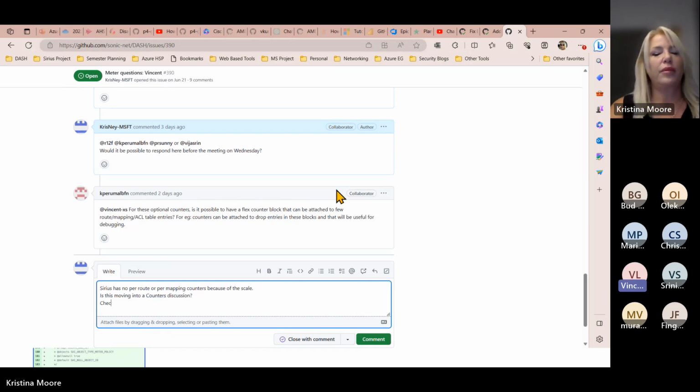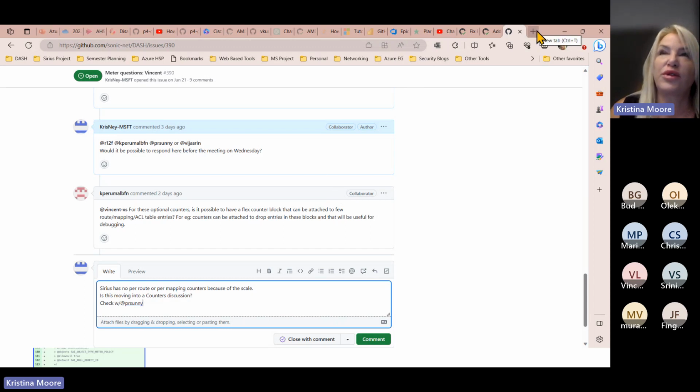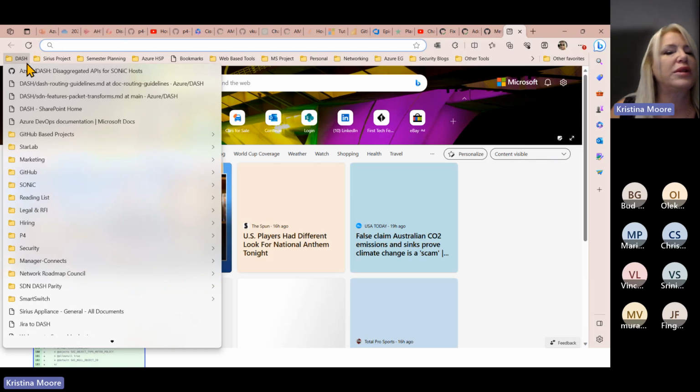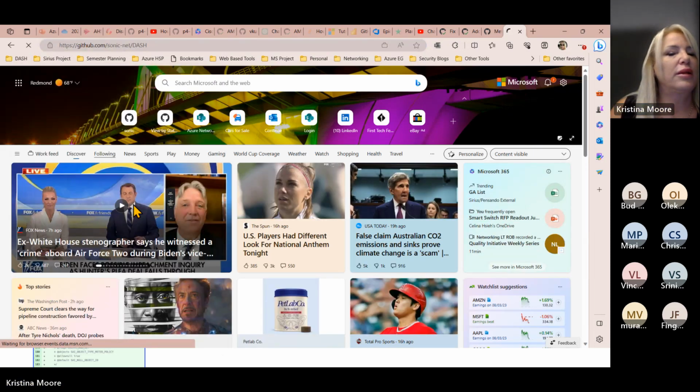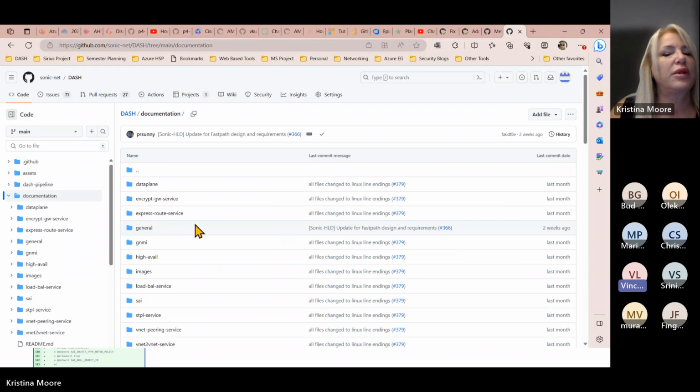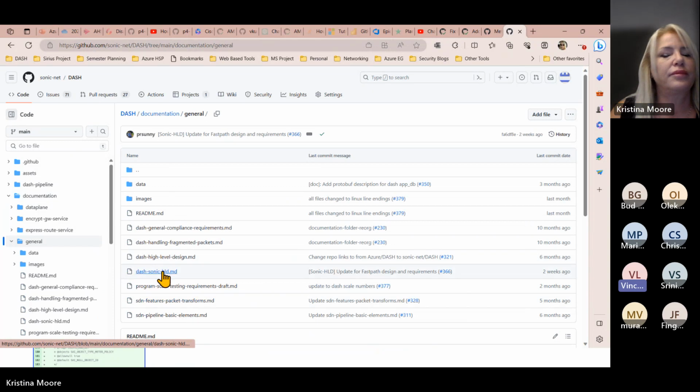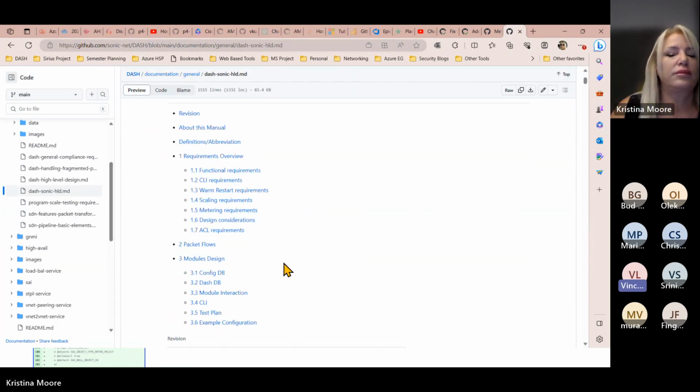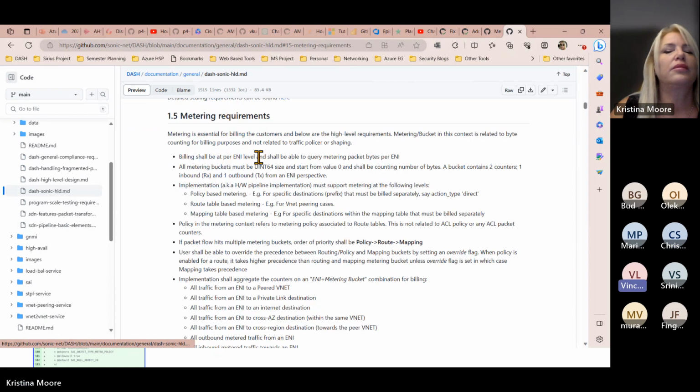I suppose I could potentially just open a different issue, since you're right, the meter stuff is taken care of. We did publish some counters to the Dash Sonic HLD, but they may not be fully fleshed out for what you were looking for. Vincent, is that right? Overall, we know we need counters. With meters, I revisited the counters. I don't think there's a clear picture about exactly how counters will work in general. It may not be a priority.